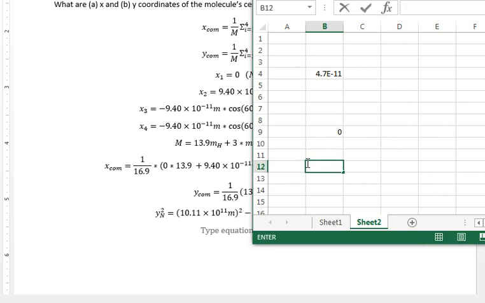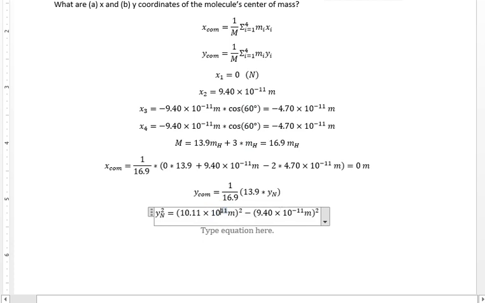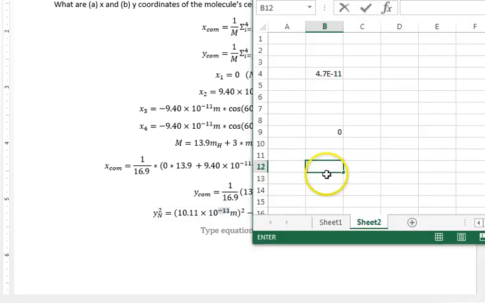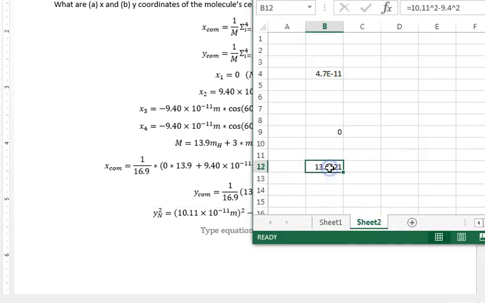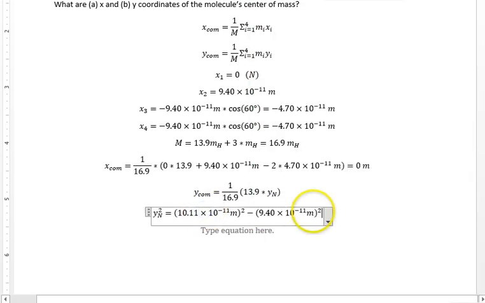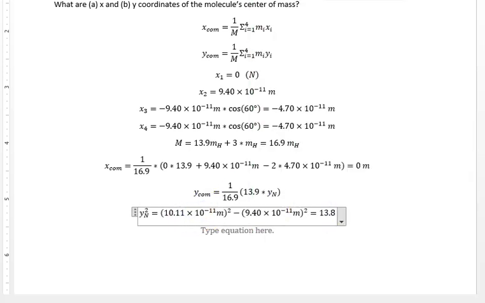I'm going to take out the 10 to the minus 11 because it's a common factor. 10.11 squared minus 9.4 squared equals 13.85, times 10 to the minus 22 meters squared.